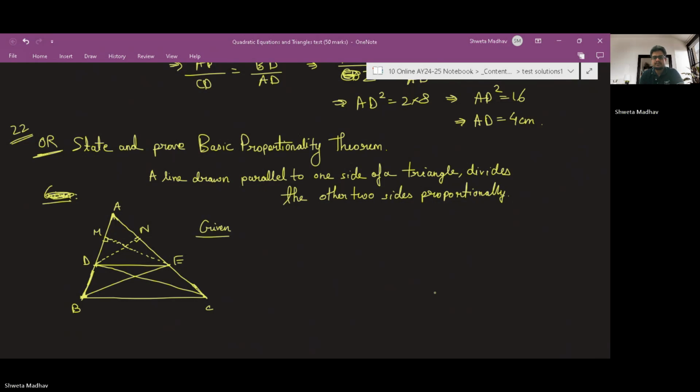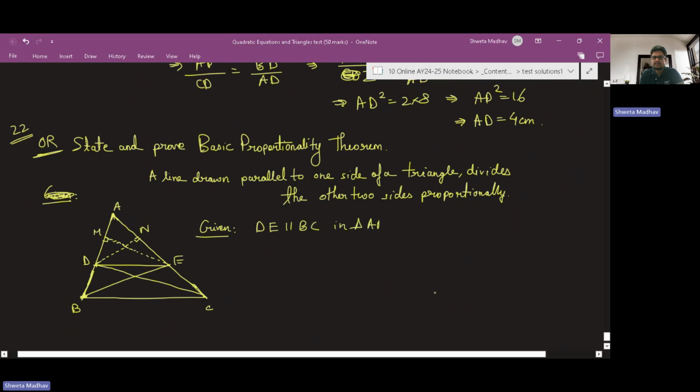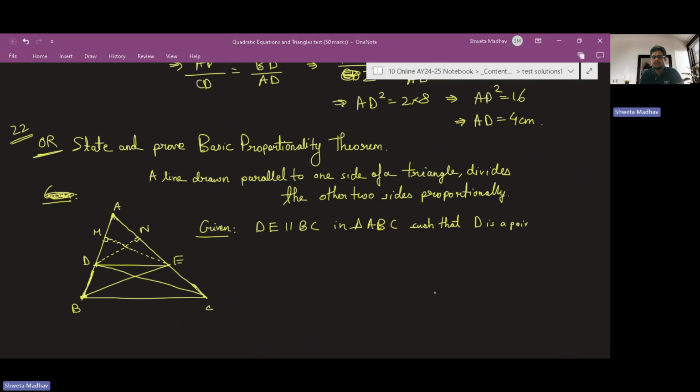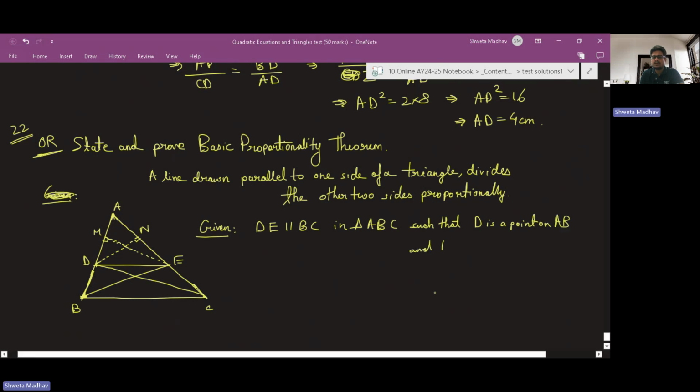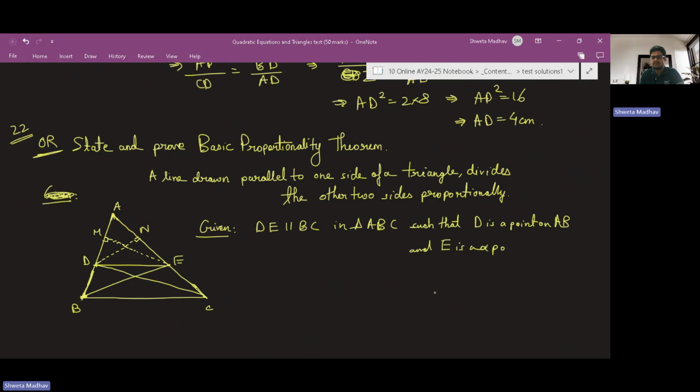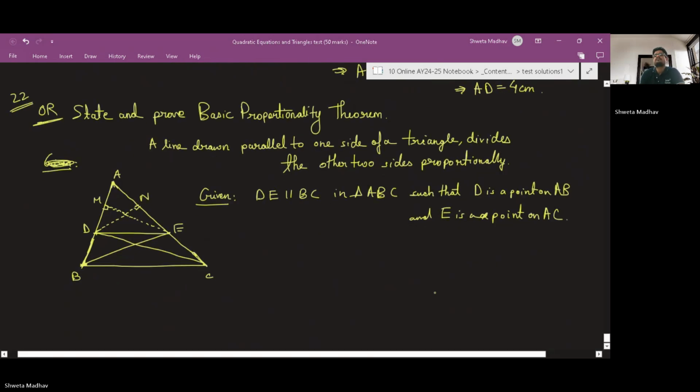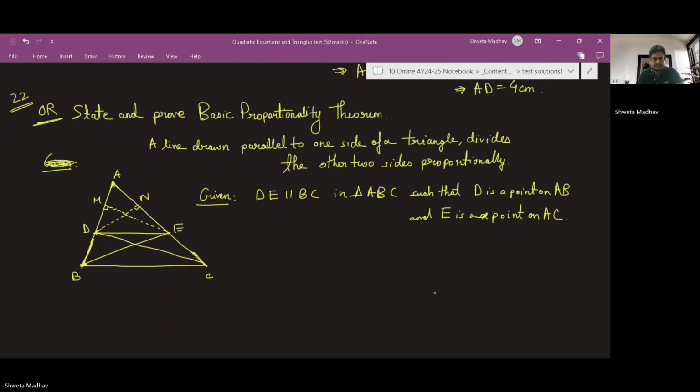So here it is given that DE is parallel to BC in triangle ABC, such that D is a point on AB and E is a point on AC.